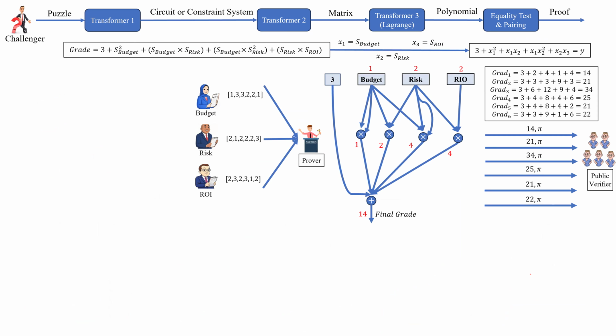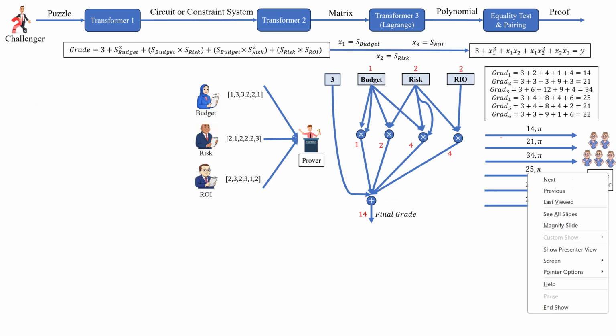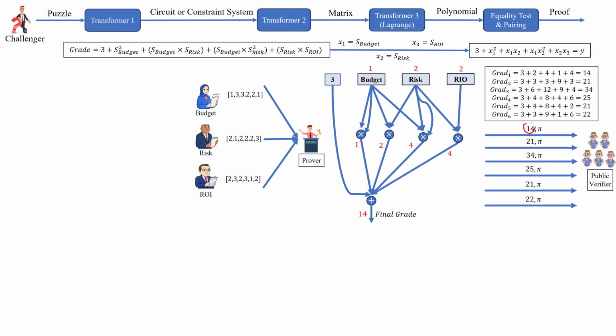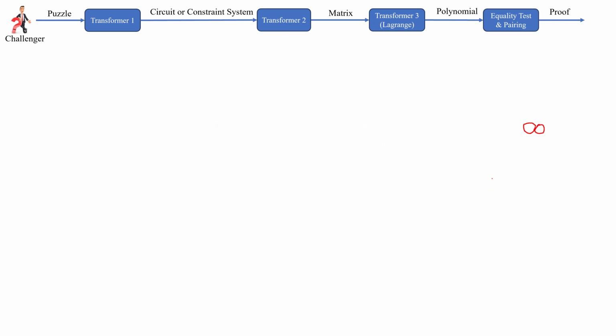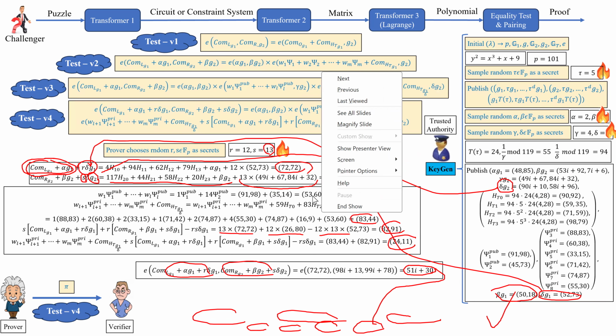I follow the circuit, so this is the output of the circuit for the first company, and this is the proof. So this proof actually consists of all of those values, right? In previous, let's go back to the previous website. Yeah.